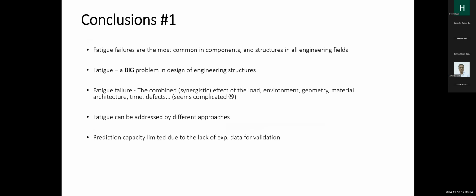Prediction capacity is limited, and it is also hindered by the missing experimental data. There are not a lot of experimental data available to validate theoretical models. So this is where we are, and probably this is where we are going.